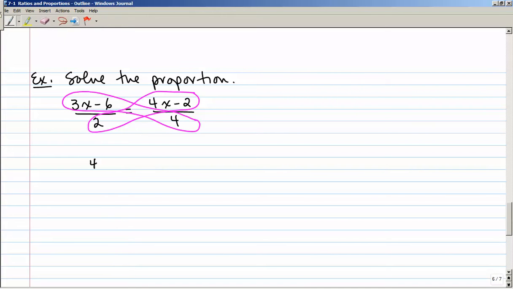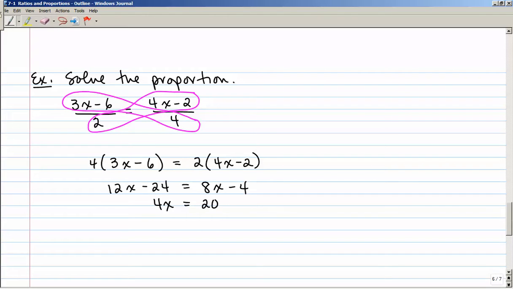So 4 times 3x minus 6 is equal to 2 times 4x minus 2, or 12x minus 24 equals 8x minus 4. 4x equals 20, or x is equal to 5. And remember, when it says solve the proportion, solving in this case means just finding the value of x that makes it true. So the solution of this problem is x equals 5.